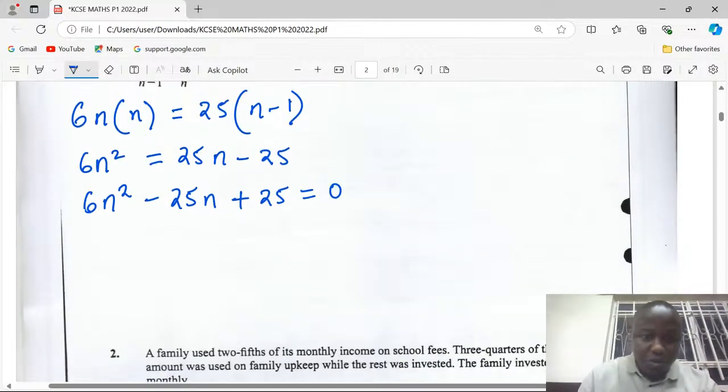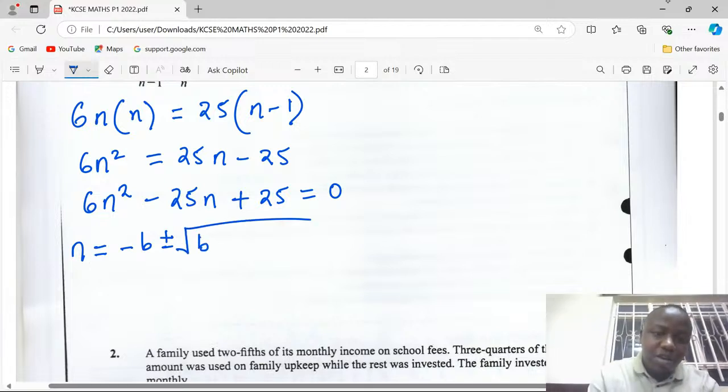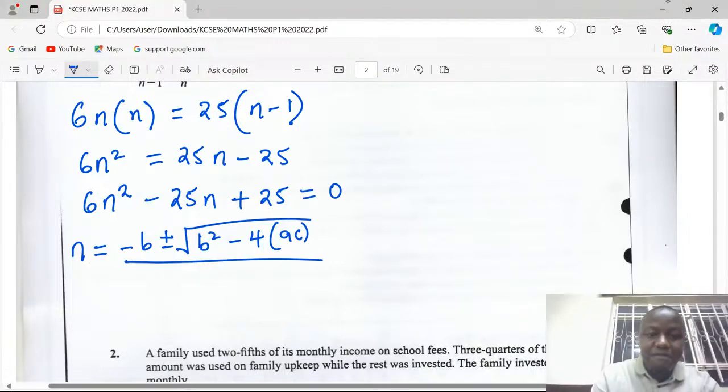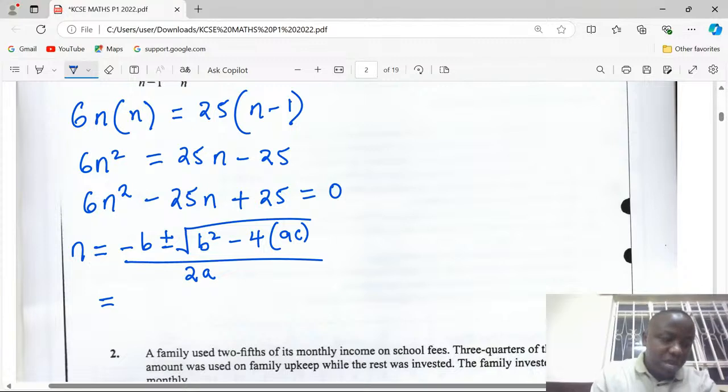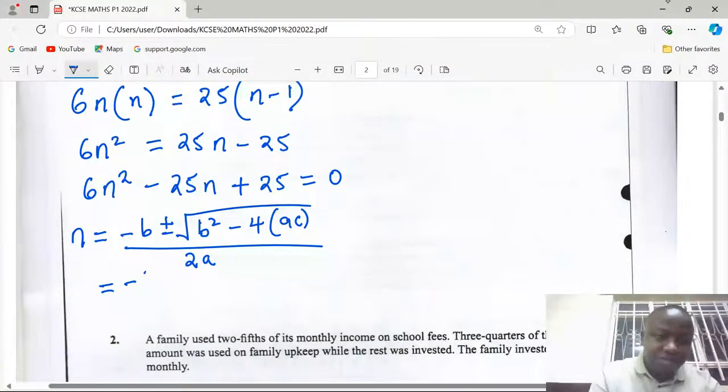So we need to apply the formula, for example, whereby I will say that n is equivalent to negative b, plus or minus the square root of b squared minus 4a multiplied by c, then divide everything by 2a. Now with the above equation, we can say negative b is negative 25.